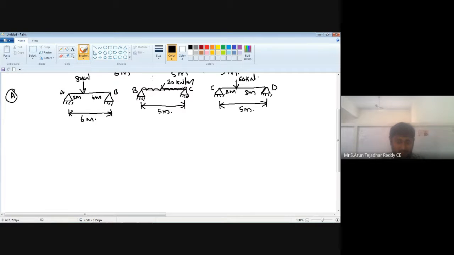First of all, the beams are simply supported. All the beams are simply supported. Now try to draw the free bending moment diagram, or you can name it the maximum bending moment diagram.